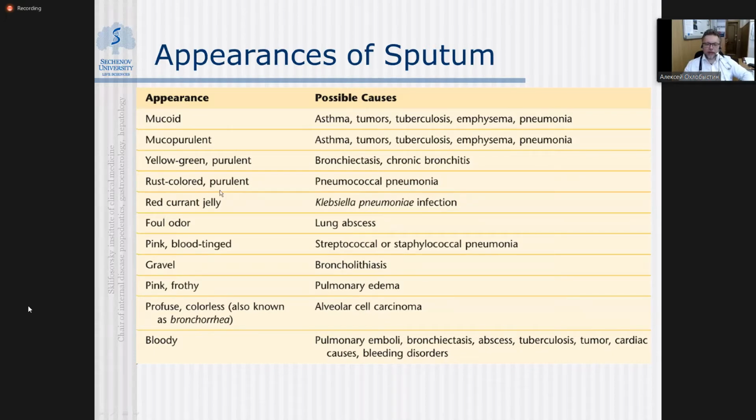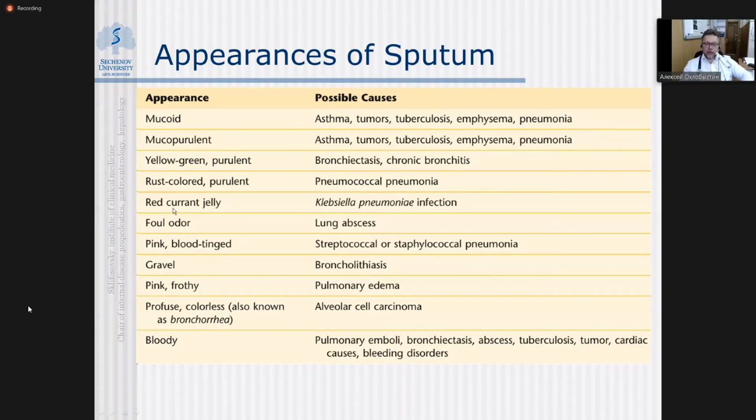So again, it may become nonspecific, and therefore, if you do not ask the patient about the color of the sputum a couple of days, maybe a week ago, you'll have no chance to detect that typical rusty sputum. And again, it's a very nice and reliable hint for classical lobar pneumonia presentation.